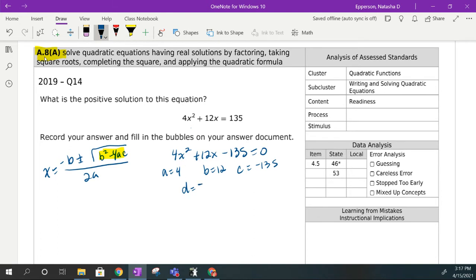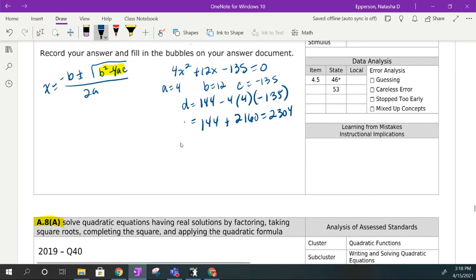This is going to be 12 squared, which is going to give me 144, minus 4 times our a value, which is 4, times negative 135. This is then going to give me 144 plus, because negative 4 times 4 gives me negative 16. Negative 16 times negative 135 is going to give me positive 2,160. I'm going to add 144 plus 2160. That's going to give me 2304.